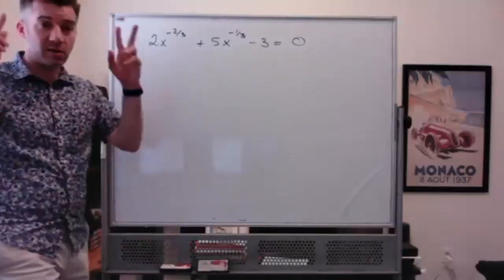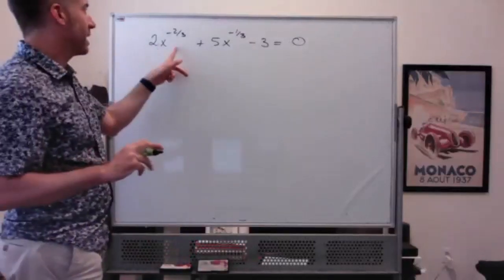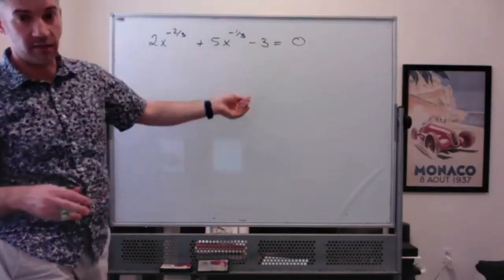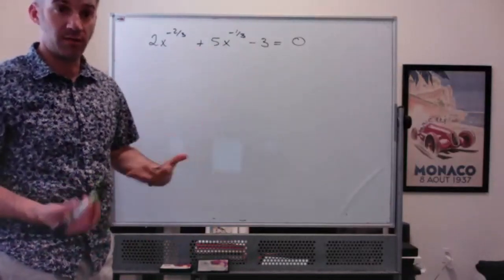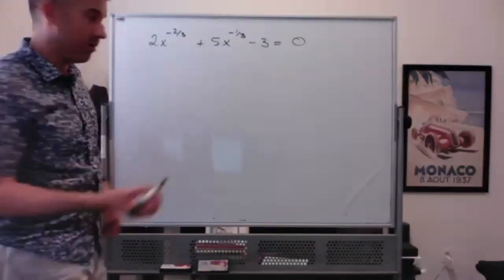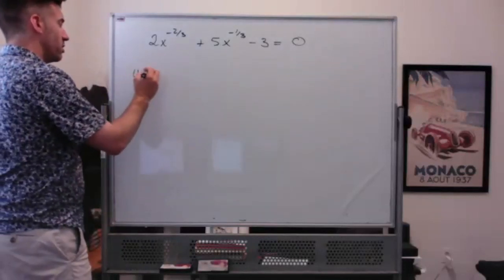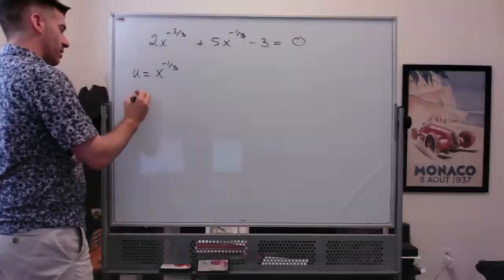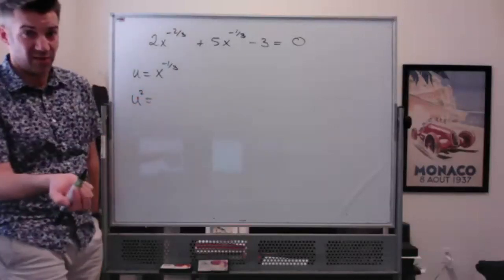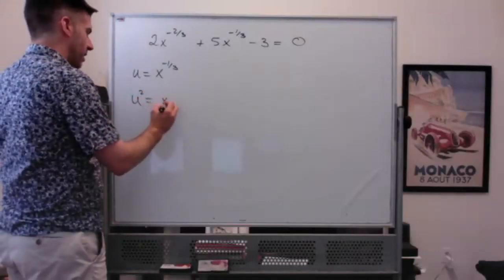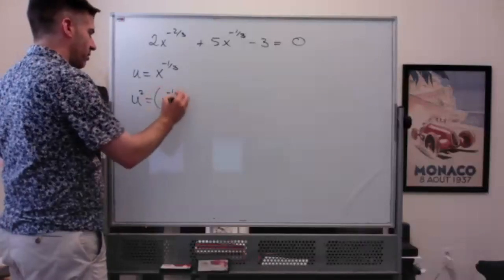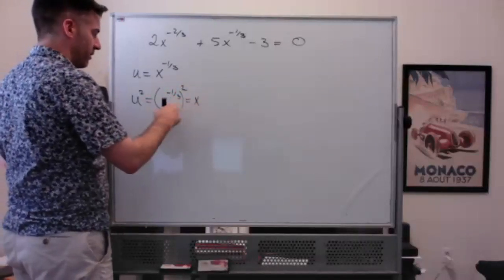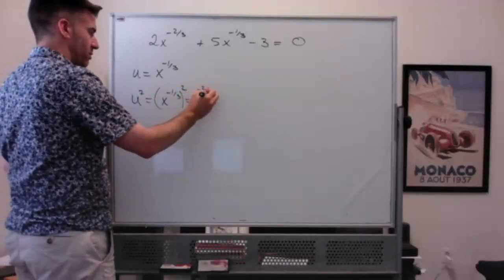Because if you pick the smaller number, -2/3 is more negative than -1/3, and so it's technically the smaller number. I want the number that's closer to 0 though. So I'm going to pick u equal to x to the -1/3. And then I'm going to check u squared should be the other power of x, and it is. x to the -1/3 squared is just x to the -1/3 times 2, which is the -2/3 power.